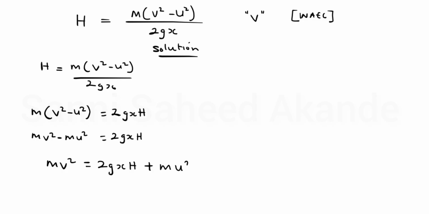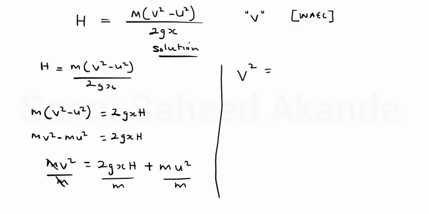Once you divide both sides by m, this cancels this, and you have left v squared to be equal to 2gx divided by m, then plus mu squared divided by m. All right. The next thing to do now is to take the square root of both sides in order to get rid of the square on top of v.